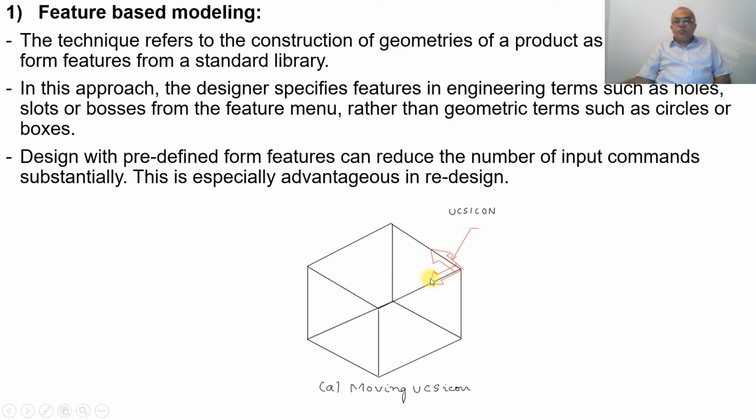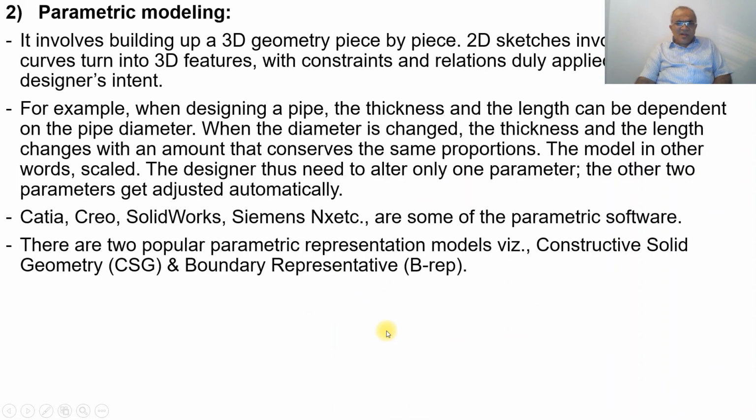Suppose I want to create a hole on this particular plane, you just align the UCS icon to this plane, and then whatever operation you do will be done on this plane and parallel to it, but it will not be done on the other two planes, or from the top and bottom. So this is how feature-based modeling takes place.